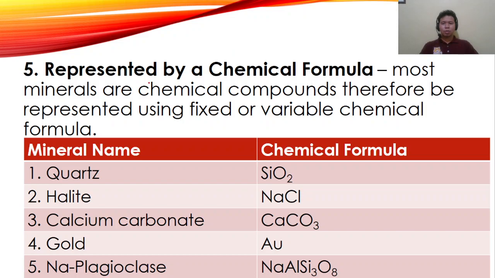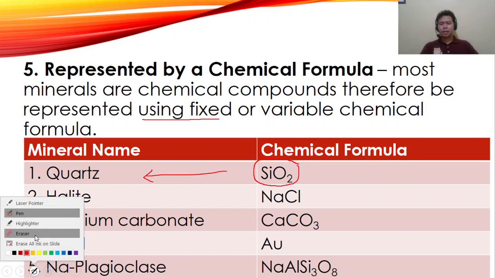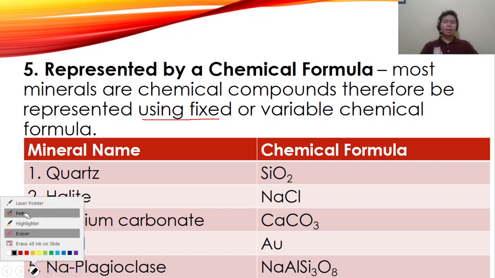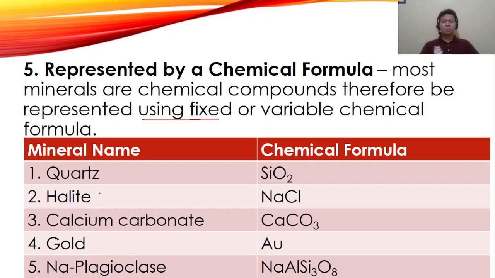Most minerals are chemical compounds, therefore represented using fixed or variable chemical formulas. When we say variable chemical formula, this can be added with another chemical, changing the mineral name, changing the entire mineral composition. But talking about its chemical formula, there are specific chemical formulas per mineral.